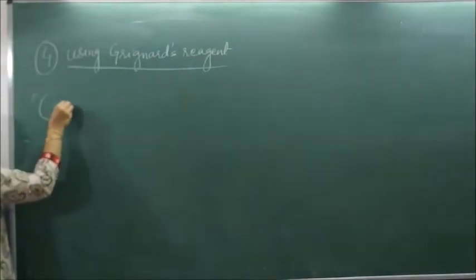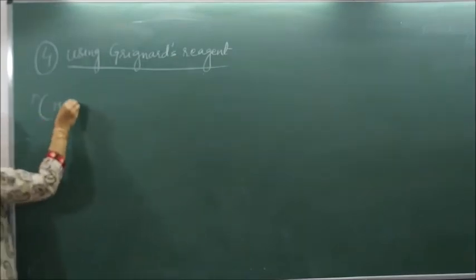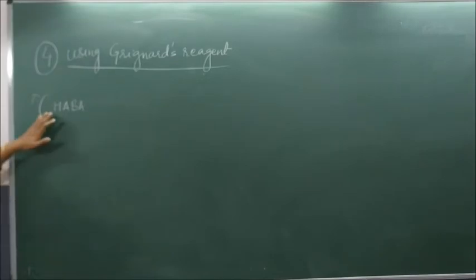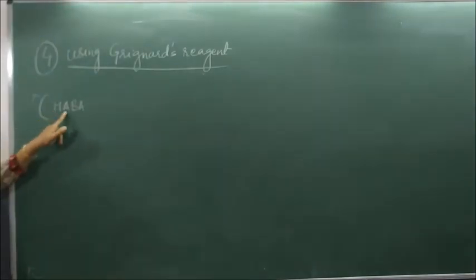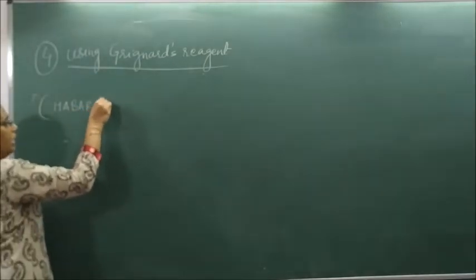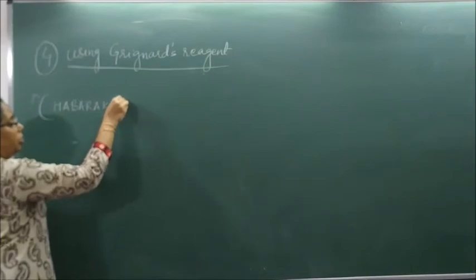So, summing up, please write hydration of alkene, hydroboration of alkene, reduction of aldehyde, ketone, carboxylic acid and ester.